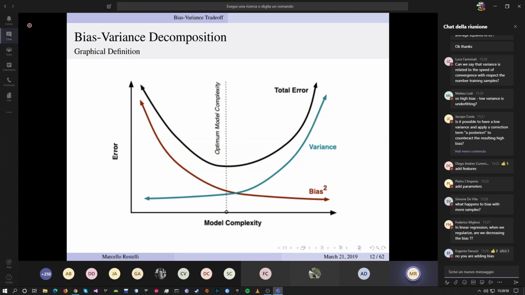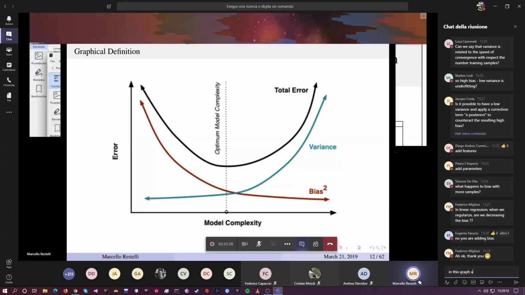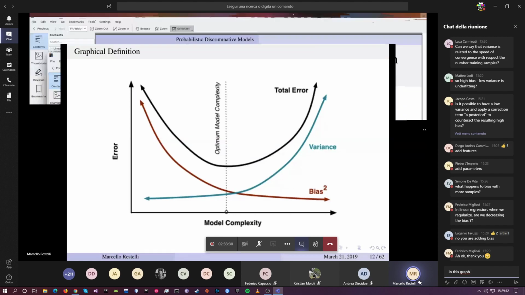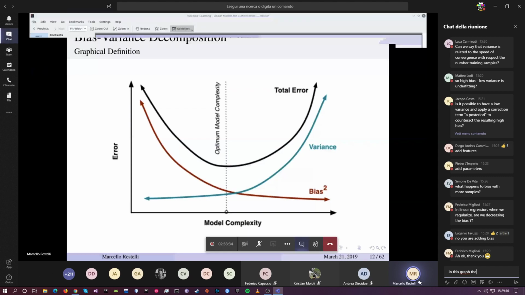If you look at this plot, very high model complexity means a lot of variance and small bias. So regularization is a technique for moving to the left of the plot: reducing the variance while introducing bias. Regularization is a way of moving along this x-axis. In particular, increasing the lambda parameter, the regularization factor, you are moving to the left. But if you exaggerate, of course, the bias is too large.